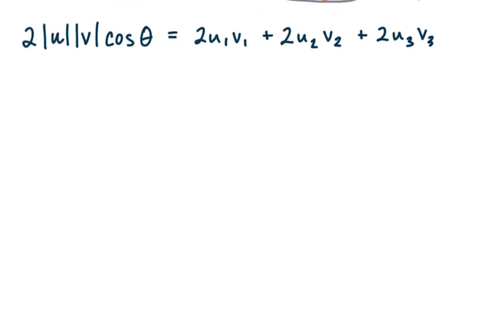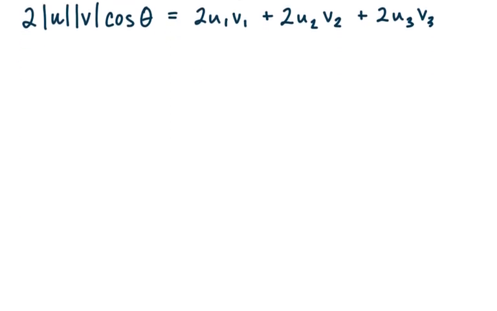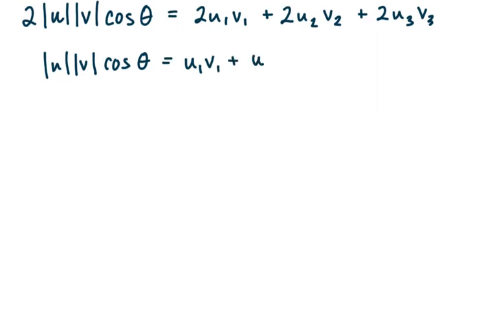At this point, we can factor a 2 out on the right, and we have a 2 as a factor out in front on the left, so we can cancel that 2. I've got the magnitude of U times the magnitude of V times cosine theta equals U sub 1 V sub 1 plus U sub 2 V sub 2 plus U sub 3 V sub 3.